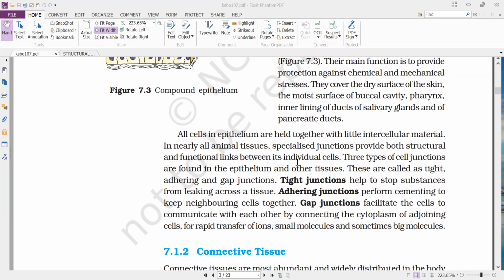As a result, they do not allow any substance to pass through, either outside or inside, both ways. Such junctions we call tight junctions. They prevent leaking across a tissue or an organ.